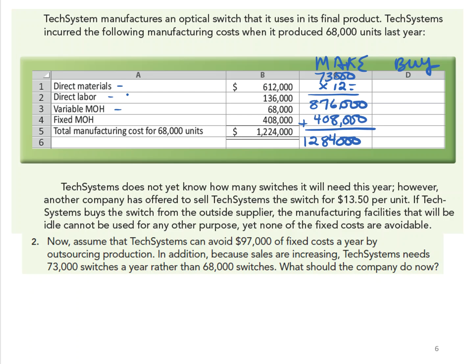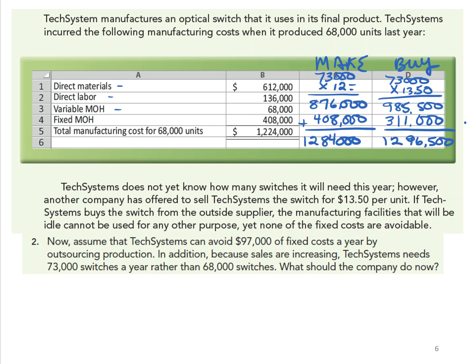Now if we buy, we're still going to have to buy 73,000 units times an average cost now of $13.50. That makes $985,500 in those variable product costs. And we can avoid $97,000 of this $408,000. So that leaves us with $311,000 of fixed costs, or $1,296,500.